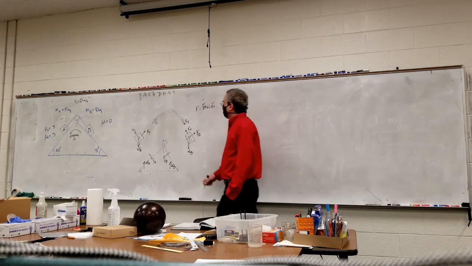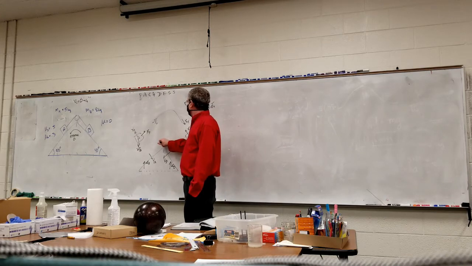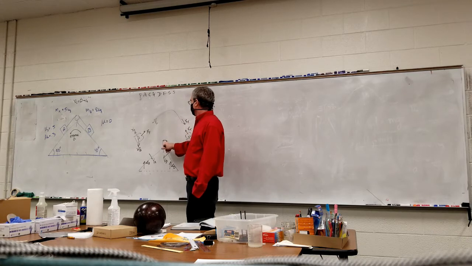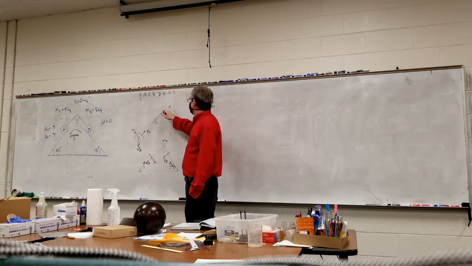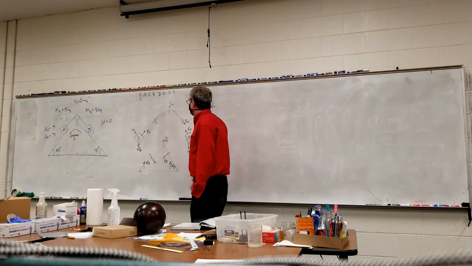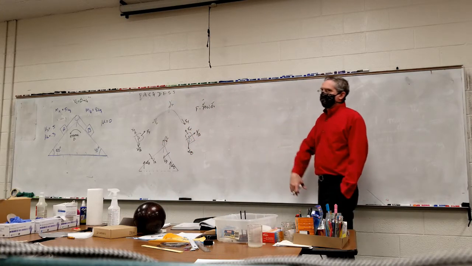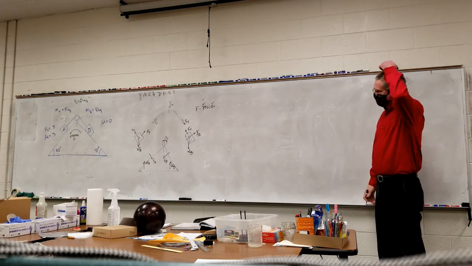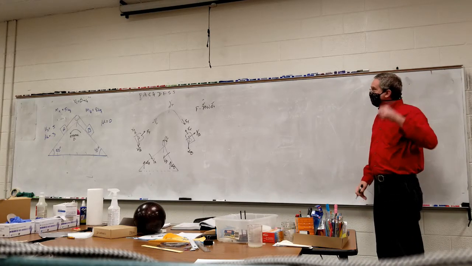Again, I don't know exactly where, it's going to be somewhere in that range right there. Not enough information to know the precise direction of that angle, but it's somewhere in that general area. The exact direction is irrelevant to the problem.